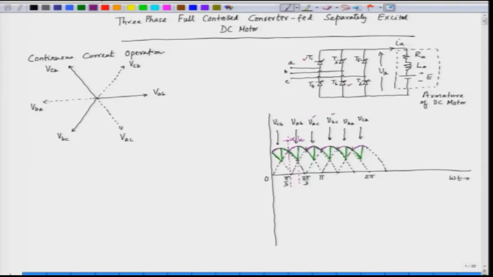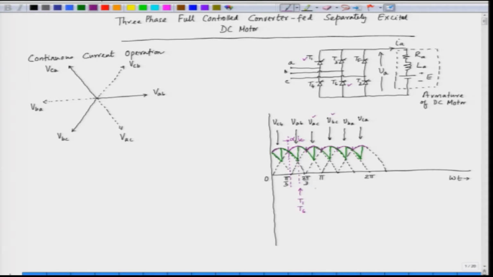Now, here we see the ripple frequency. In one cycle, from 0 to 2 pi, the SCRs are triggered 6 times. At this instant we trigger T1 and T6.